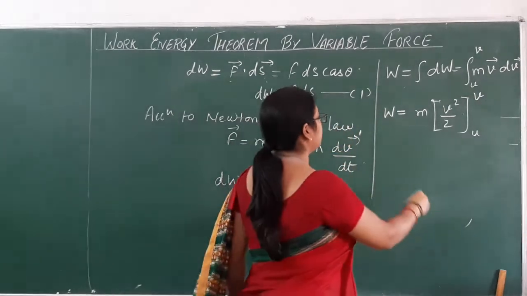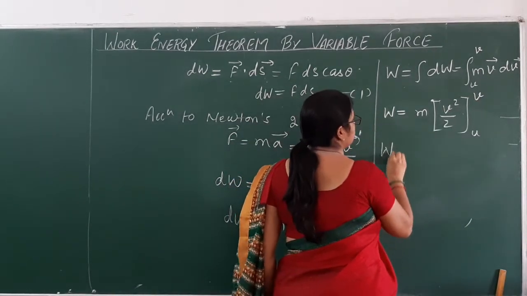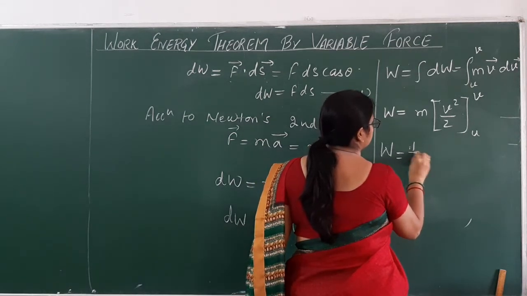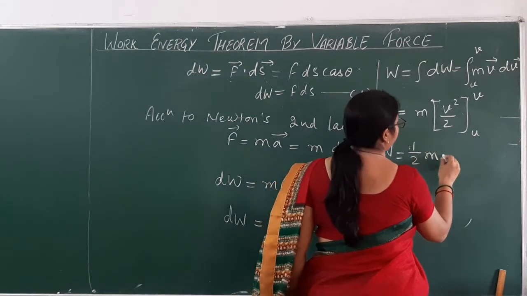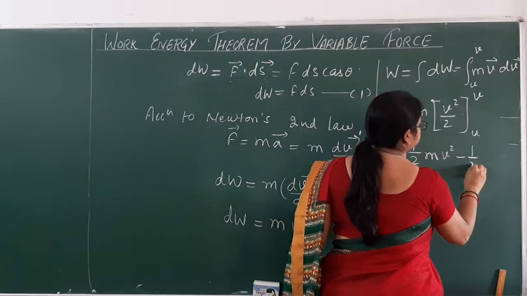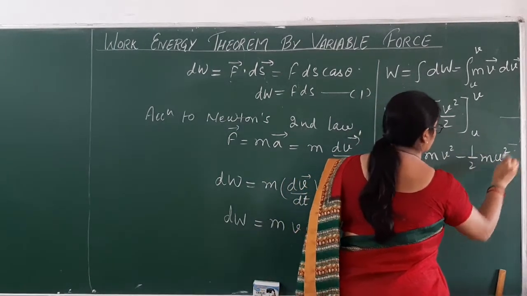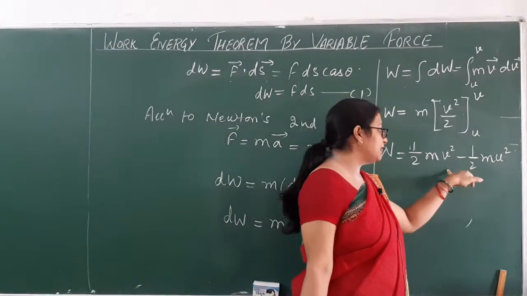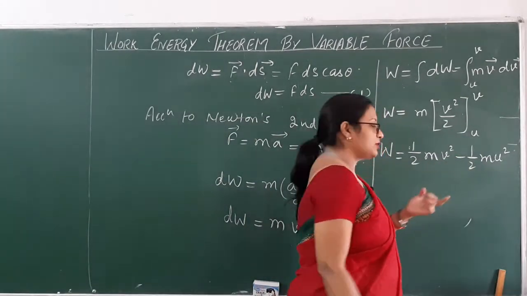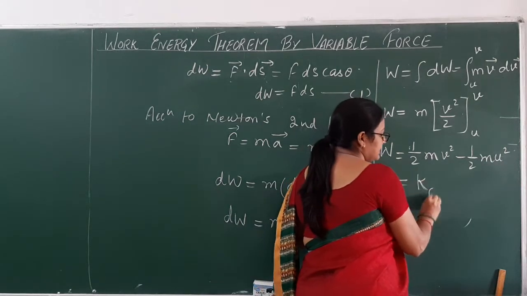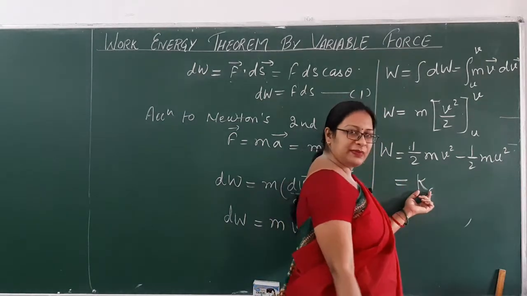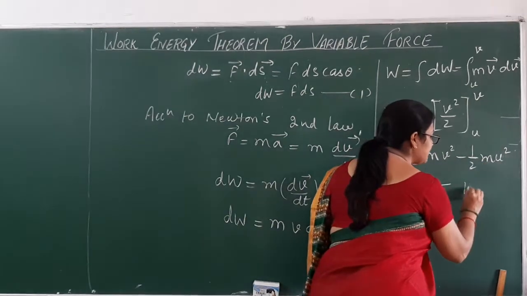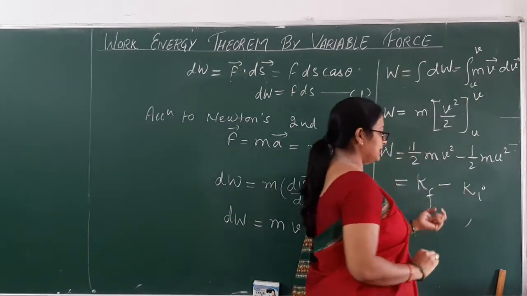Okay children, now putting in the limits, we'll get half m v square minus half m u square. Here the final velocity is there, so this term is known as final kinetic energy, represented by Kf, and here the initial velocity is there, so this term is known as initial kinetic energy, that is Ki.